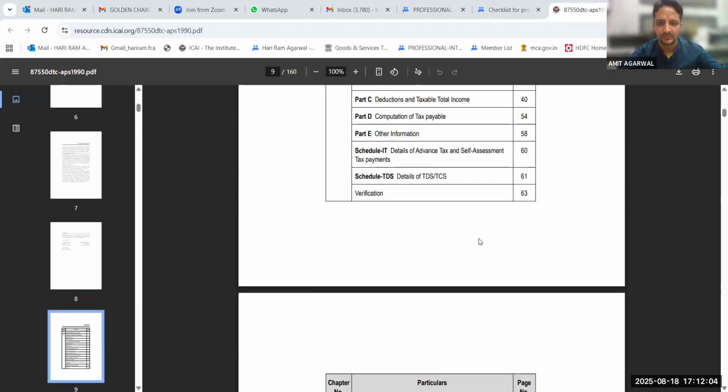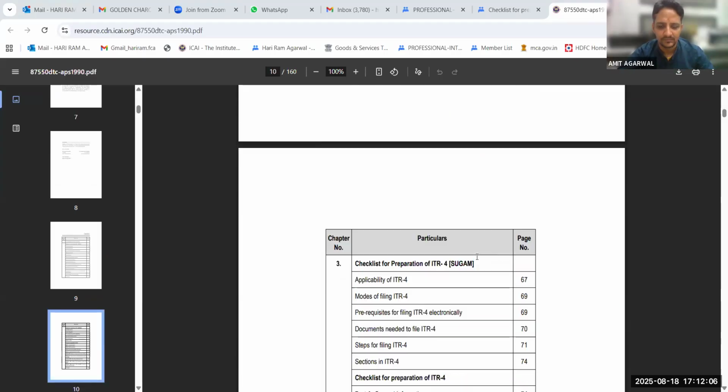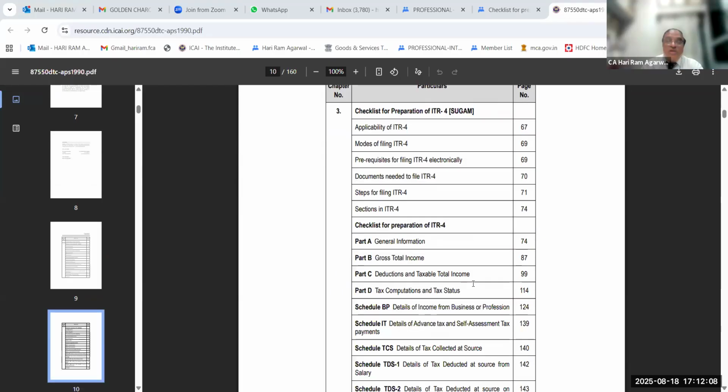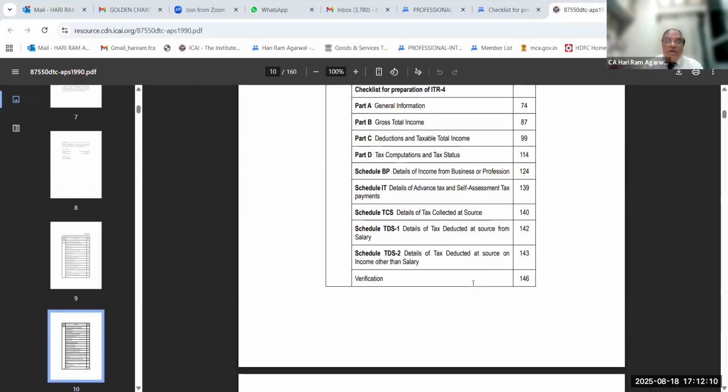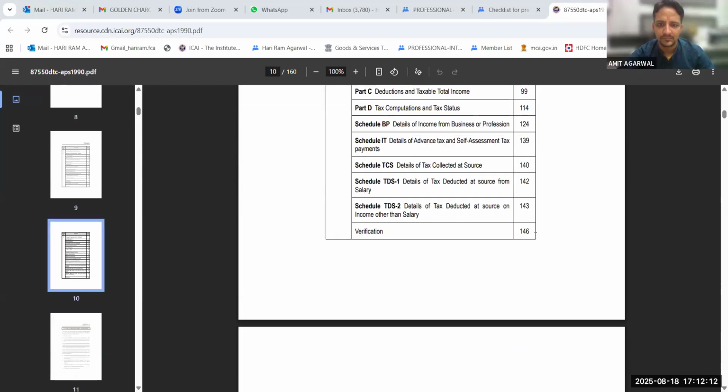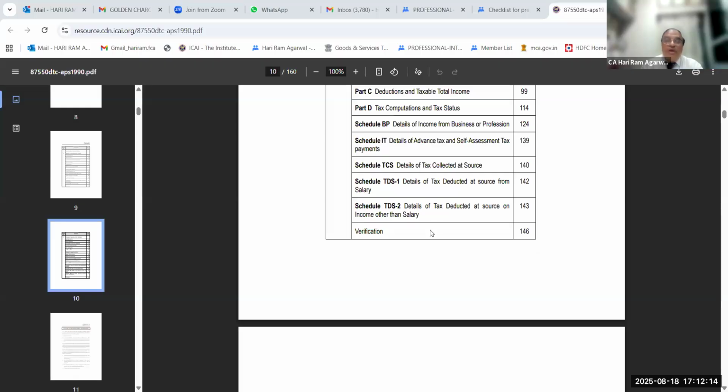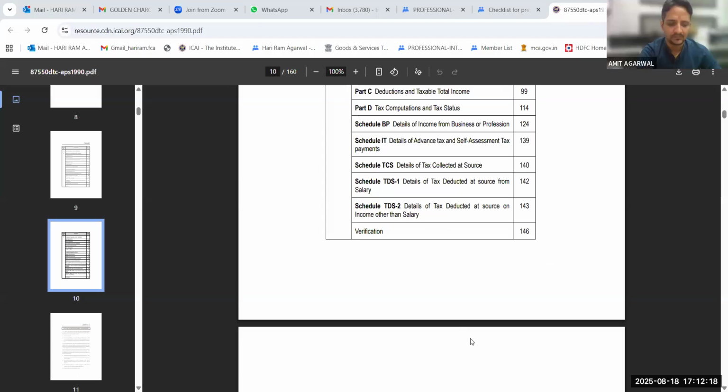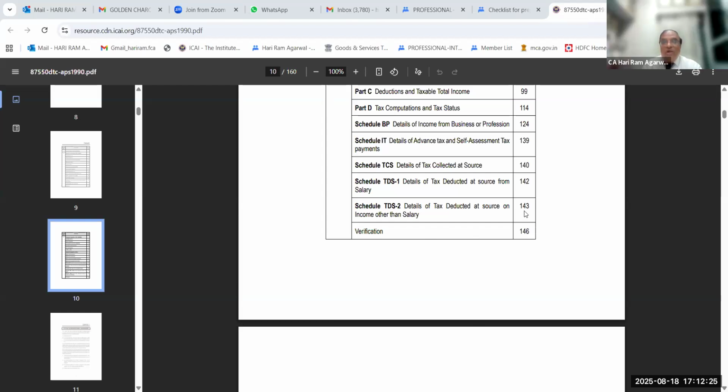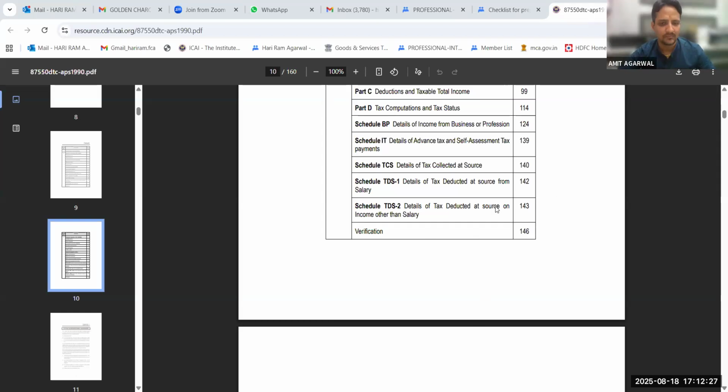All the details and particulars are given in this particulars box, and it covers 150 pages. Since it covers 150 pages, all your queries related to preparation and filing of form ITR 1 and 4 can be resolved to a great extent.